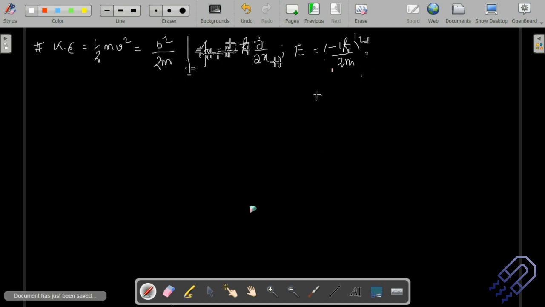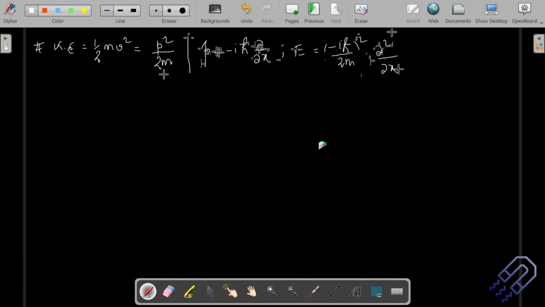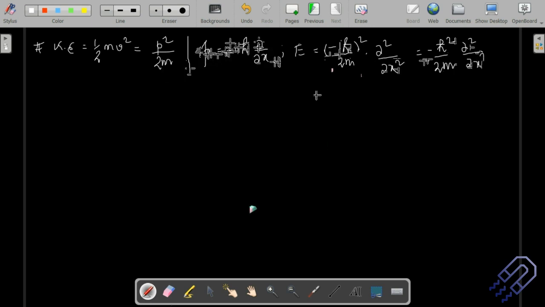In place of p, I have written minus i ħ, that's squared, and del squared by del x squared. So if I do it, minus 1 squared is plus, i squared is minus. So this would be minus ħ squared divided by 2m del squared by del x squared. So this is my result. This is important.